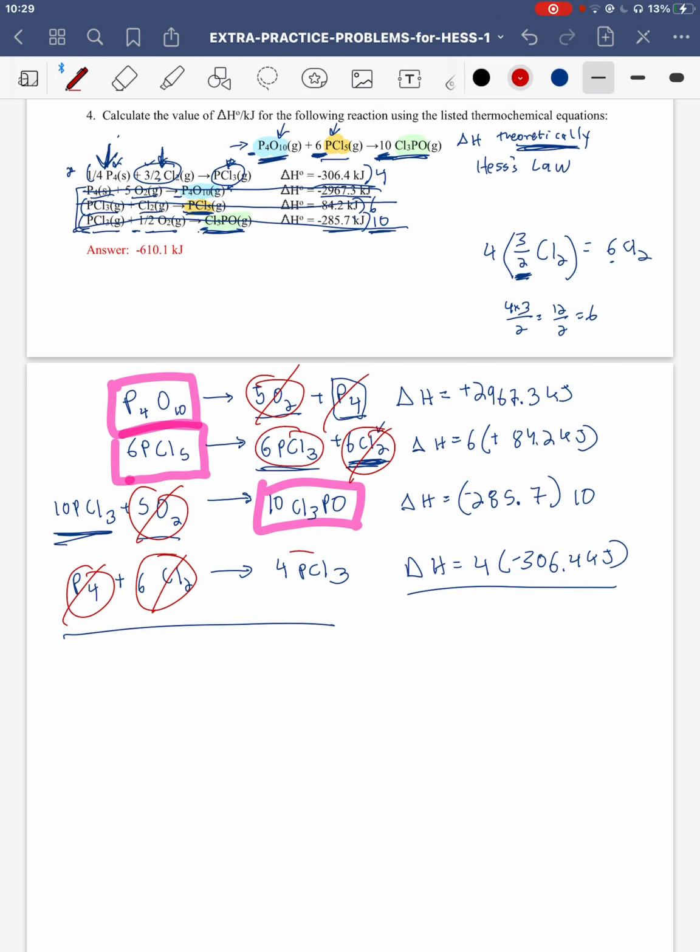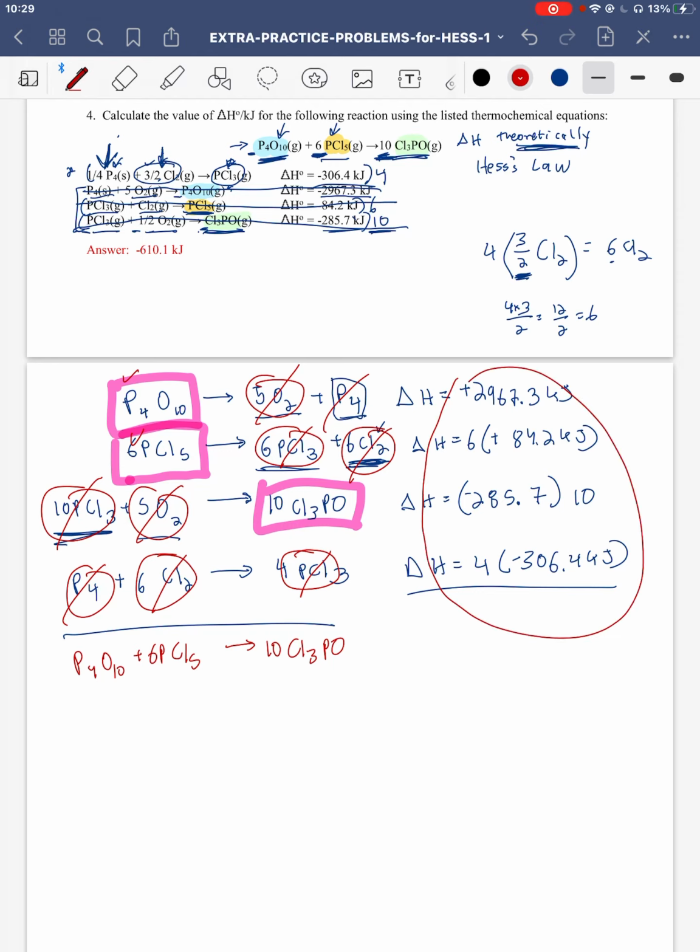And I have 6 plus 4 PCl3, so that's 10. And 10 here, great. And so now my overall reaction is P4O10 plus 6 PCl5 yields 10 Cl3PO. And I just need to add all of these up to get my overall delta H. And I've already given you the answer here.